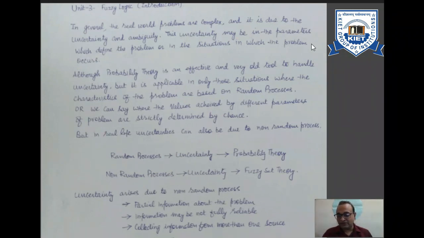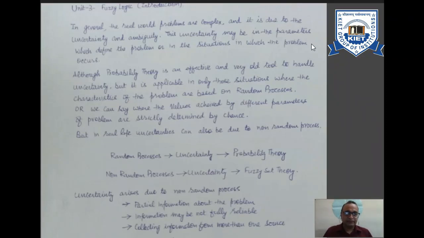So you can say, sir, when uncertainty is there, there should not be any worry, because we have one very good tool, that is probabilistic study. With the help of that probabilistic study, we can solve the uncertainty, we can remove the uncertainty, and we can solve any kind of problem.